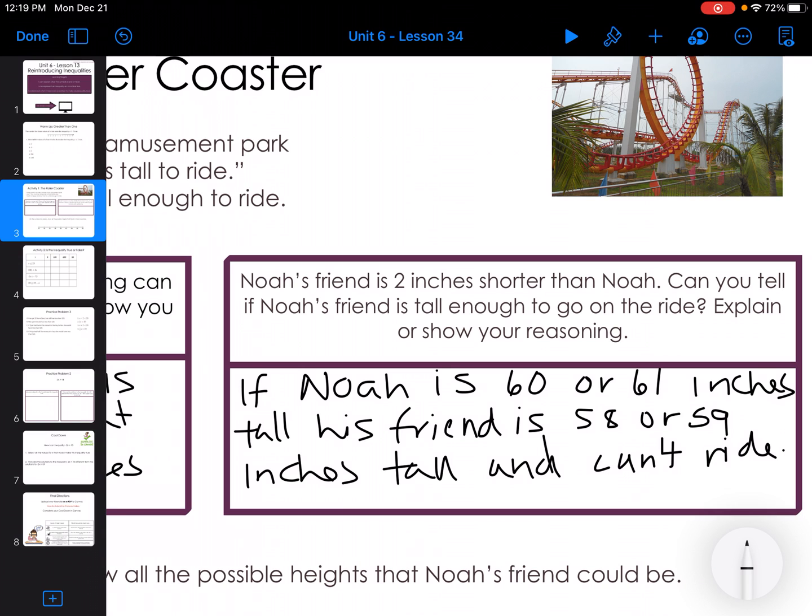If Noah is greater than or equal to 62 inches, his friend can ride. So I'm not really sure.